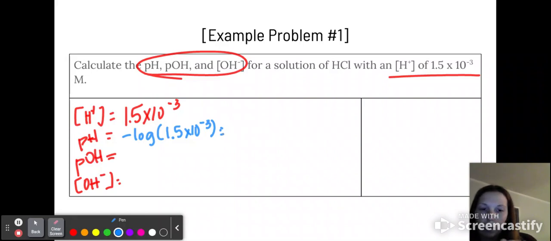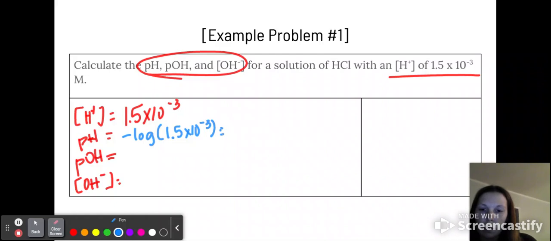Okay, so clear. We're going to do negative log, clear. So let's say 1.5 times 10 to the negative third.